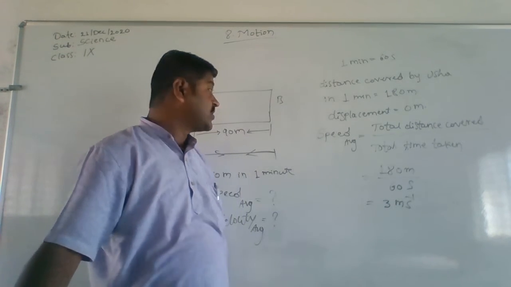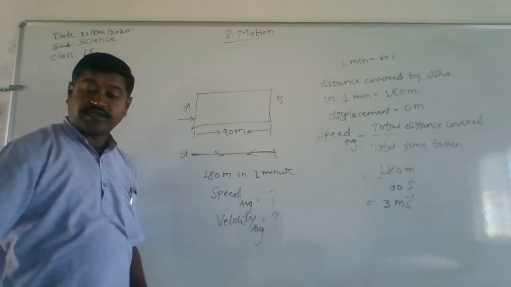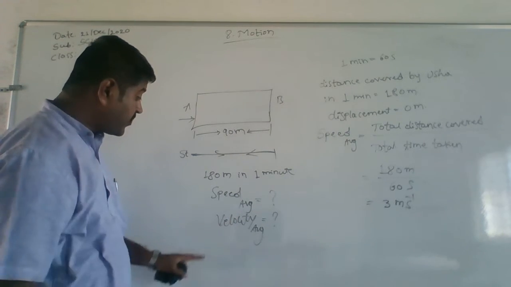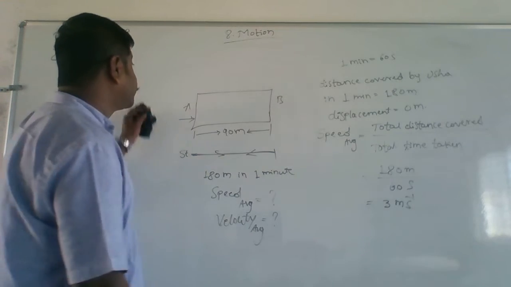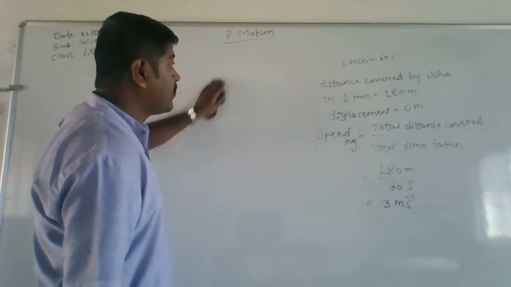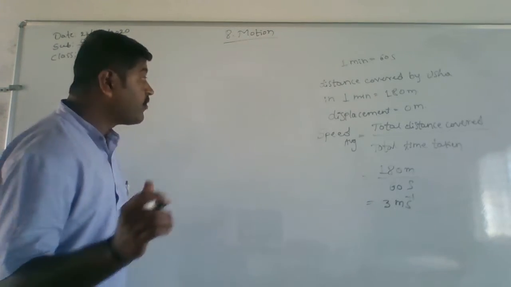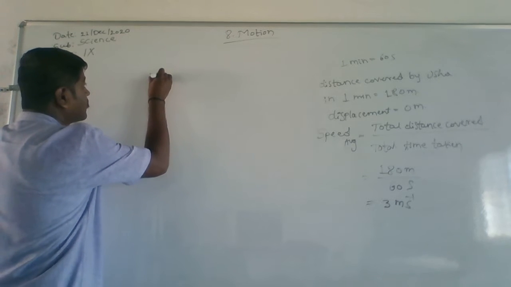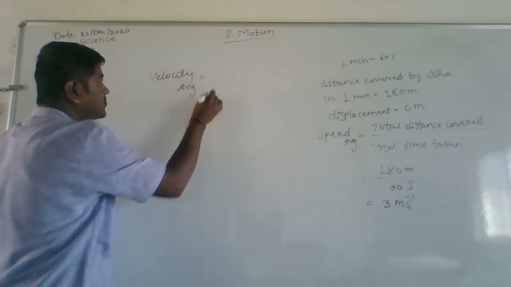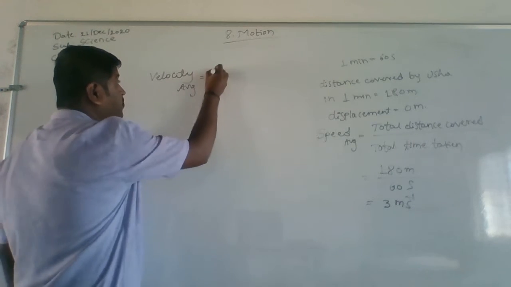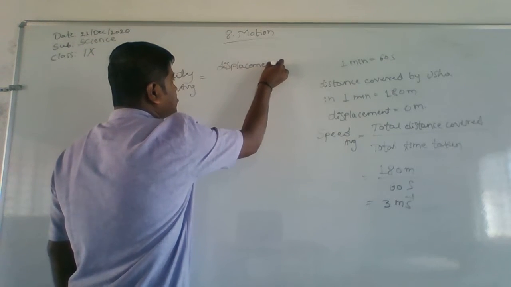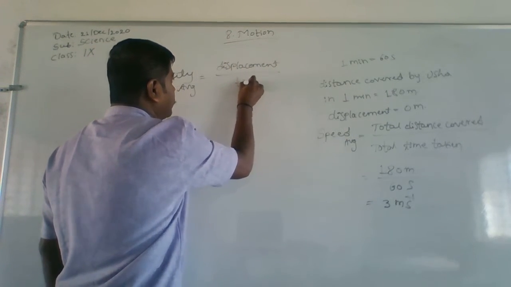Is this clear? So now we will find average velocity. Now we found the average speed, and the next thing we have to do is find average velocity. So the formula of velocity is displacement by time.